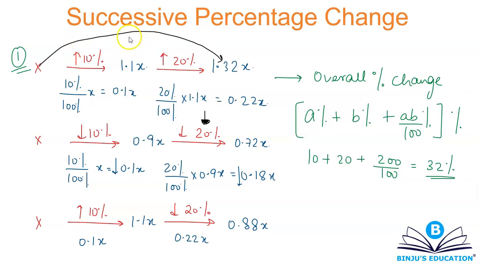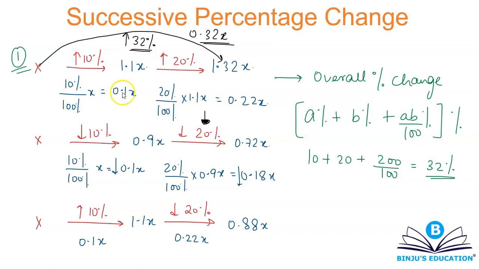You can directly say that your value of x will increase by 32%. So if it is increasing by 32%, it's going to increase by 0.32x. If it is increasing by 0.32x, it will become 1.32x.